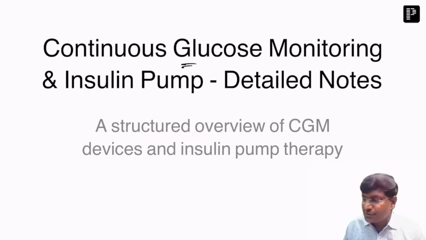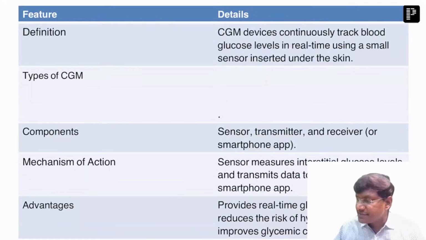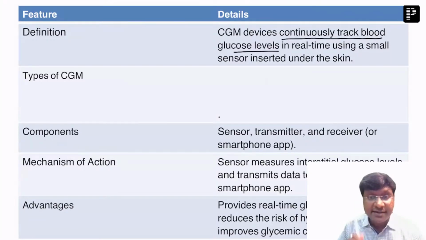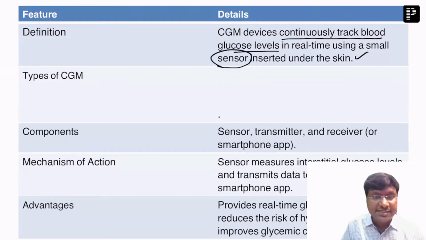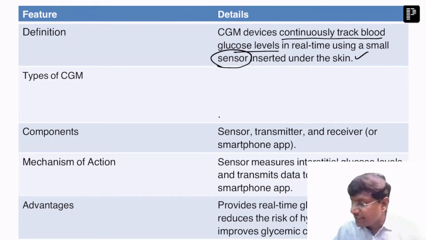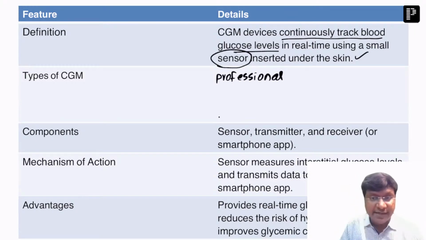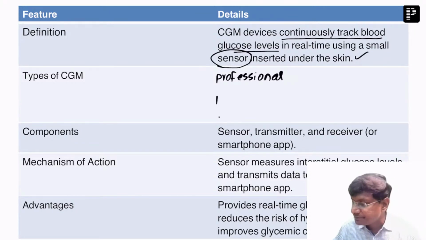Now, what exactly do you mean by the word CGM? As the word itself tells you, CGM devices continuously track blood glucose levels in real time using a small sensor inserted under the skin. That is the role of the CGM. We have two types: the professional CGM and the personal CGM.